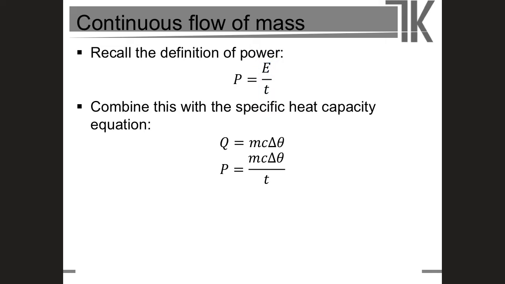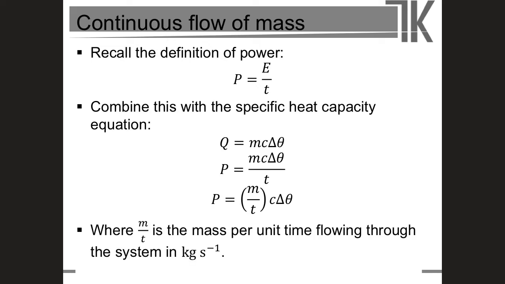This E for energy is just that Q, it is energy. And then we're going to rearrange it to this format, which looks a little silly, but really it helps us understand. So P is the power, M over T is the mass per unit time flowing through the system in kilograms per second. Now that is a mass flow rate that's going through that system. And sometimes you're actually just given that number instead of mass or instead of time.